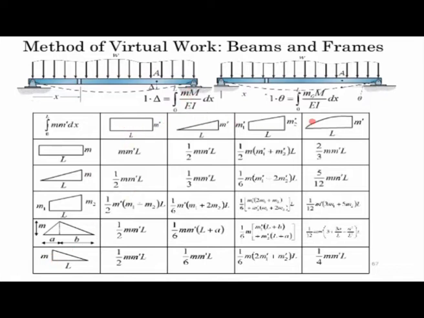Similarly, capital M can also have different forms. Here this is a quadratic form. What this table gives you is the formula for the integration of M, capital M dx. I have one function of m, one function of M, and the integration over this entire length is given by this formula. These integration formulas are very useful for calculating the deflection of beams using the virtual work method.